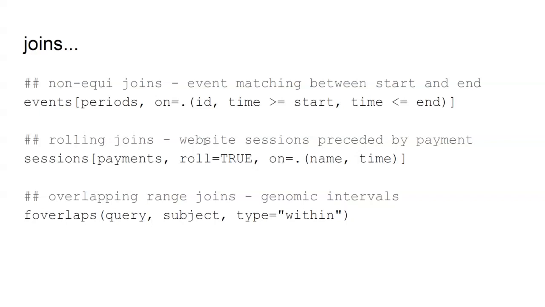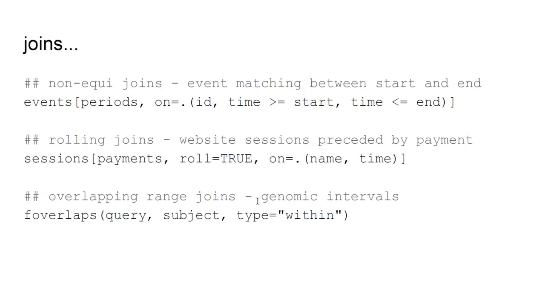So this is very useful when we have two data sets which are not exactly matching, like website sessions and payments. We can then match by, for example, username and time, so we can see which sessions ended up in the payments rows.